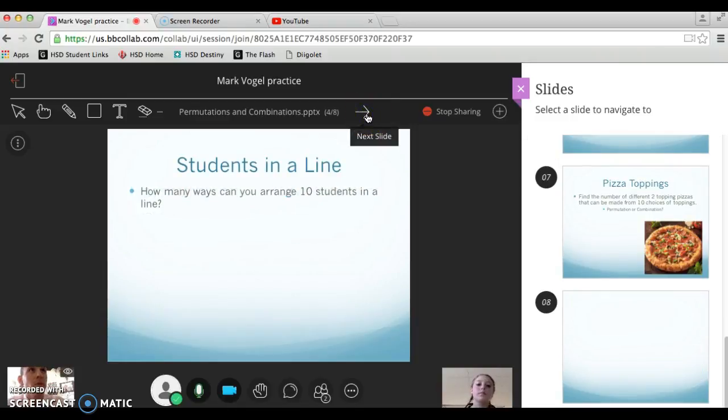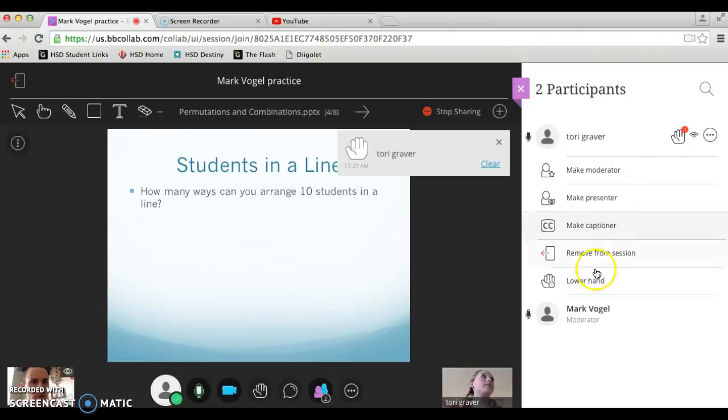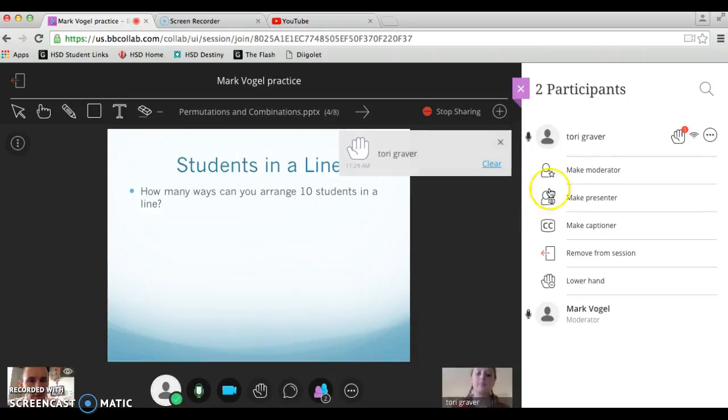All right, our first example is how many ways can you arrange 10 students in a line? Does anybody know how to solve this question? Raise a hand right now.